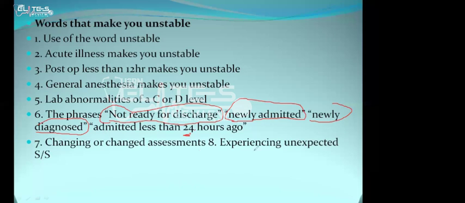And the last point 8, I think it's continued here. So point 8 says experiencing unexpected signs and symptoms. I give an example. Like someone with DVT. If you have DVT, you have this swollen leg and heat around, there will be pain around the feet and the rest.